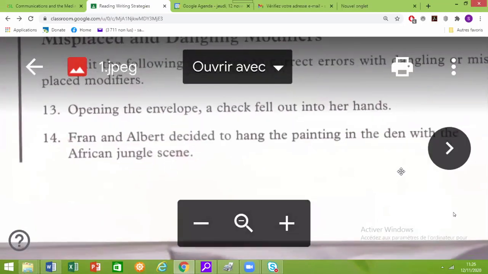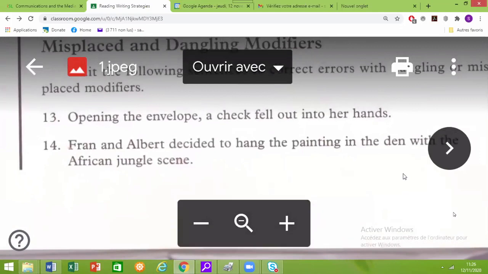Can you do these two sentences? Numbers 13 and 14. Dangling modifiers, correct the mistakes.